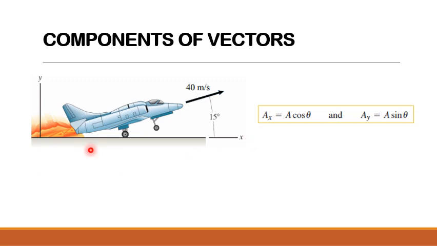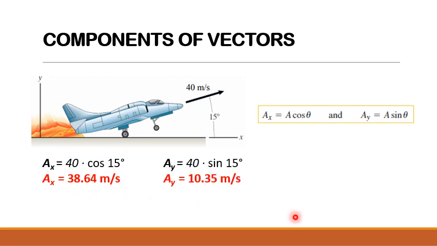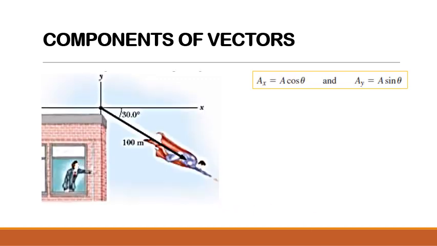We just have to multiply 40, which is the magnitude or the velocity of the airplane, by the cosine of 15 degrees. The result is 38.64 meters per second. That's the x component. How about the y component? The same thing, 40 multiplied by the sine of 15, that's 10.35 meters per second.